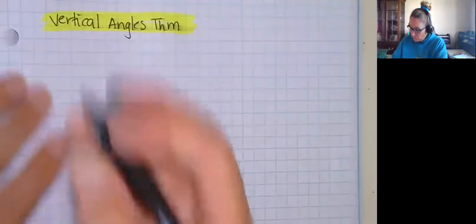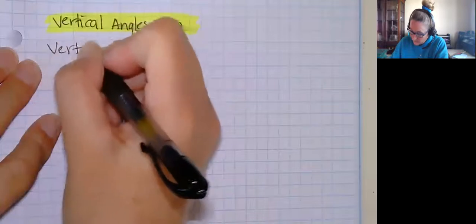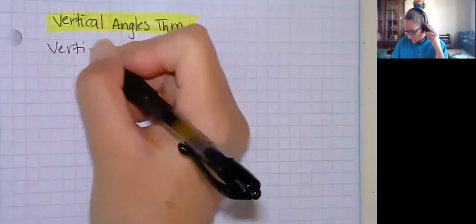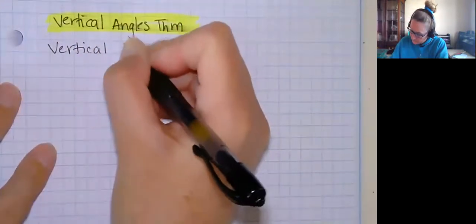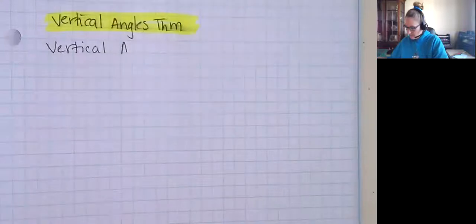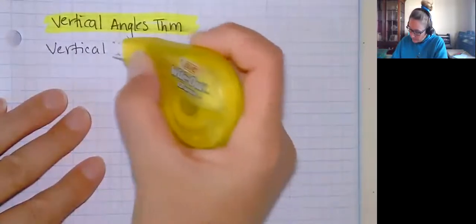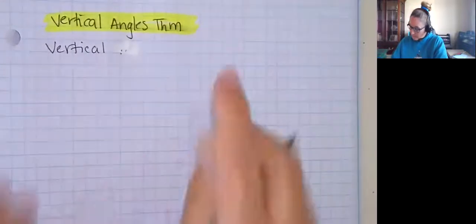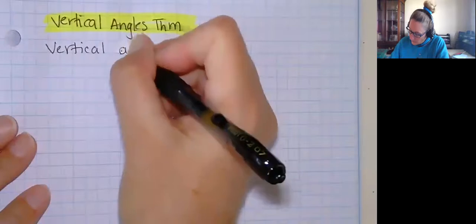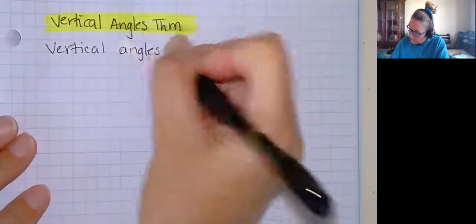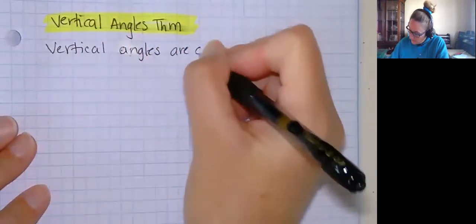Vertical angles are congruent. So vertical angles are congruent.